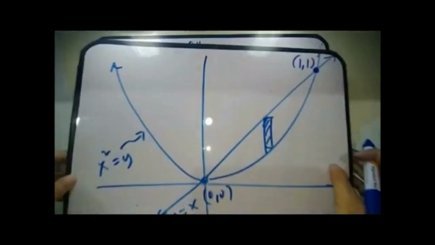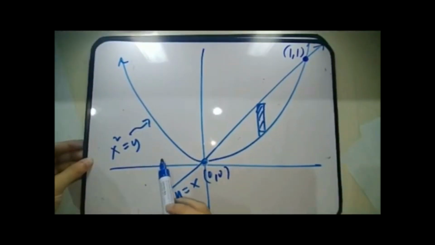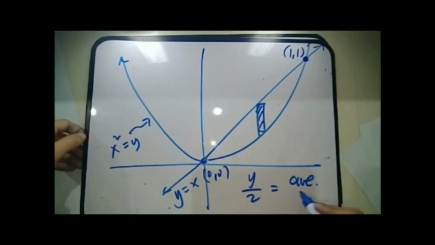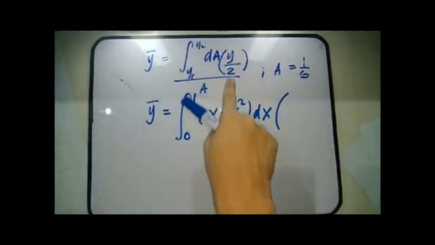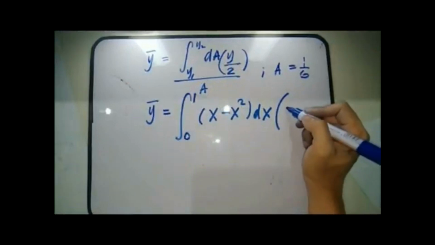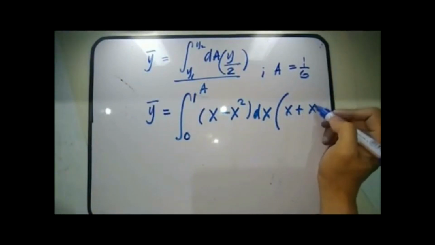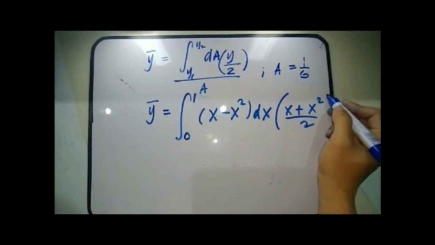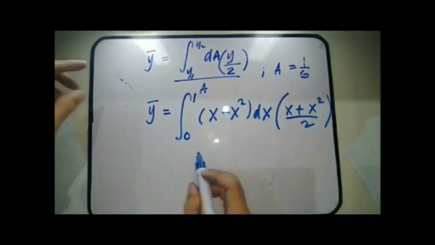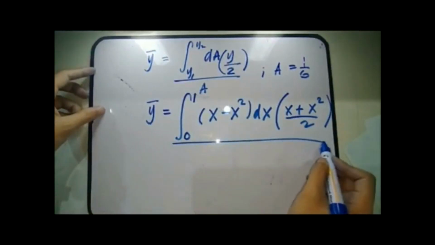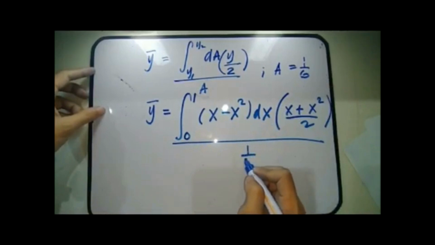Ang y upper natin guys, that is x, and ang y lower natin is x squared. So kukunin natin yung midpoint niya. So y over 2 is equal to yung average niya or yung midpoint. So that will be x plus x squared all over 2, all over area na 1/6. So i-simplify lang natin guys.